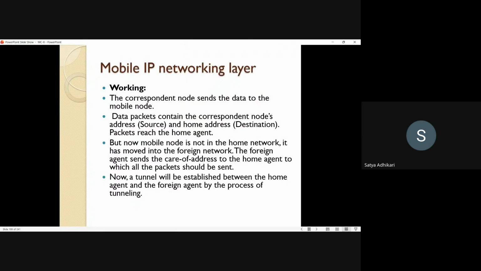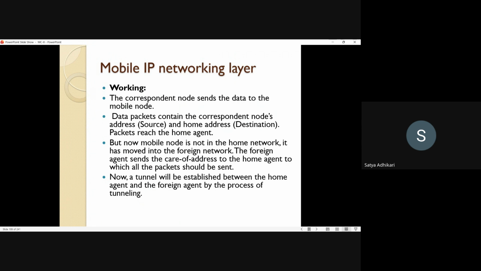The data packet contains the correspondent node's address. So the data packet which comes from the correspondent node, what does it contain? The correspondent node's address, the source address, and the home address, the destination address. The packet reaches the home agent first.